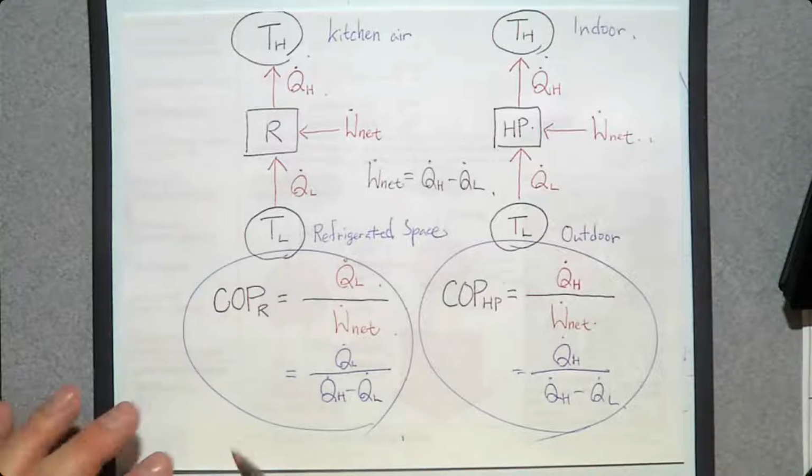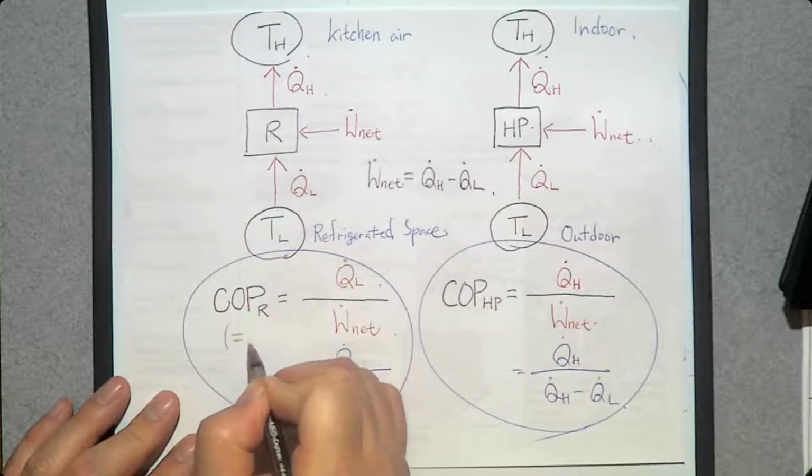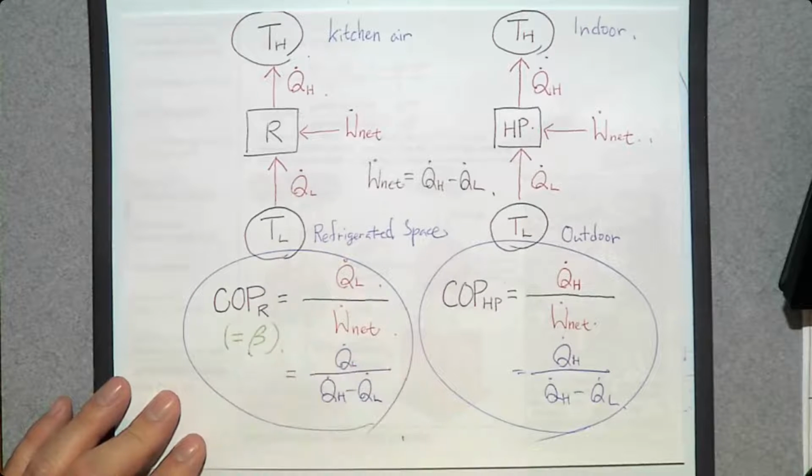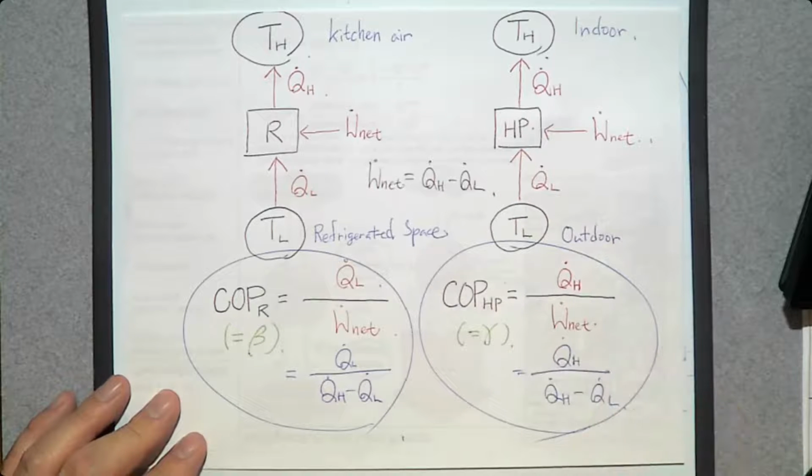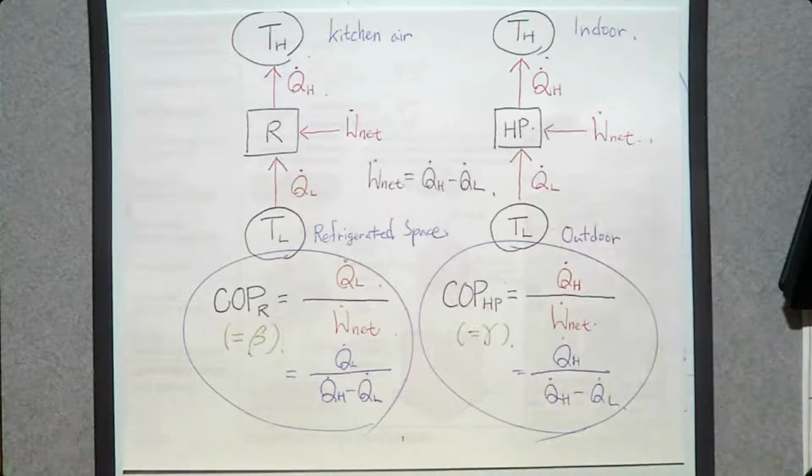Some books, like our textbook, use beta for the COP of a refrigerator and gamma for the COP of a heat pump. They use different words.